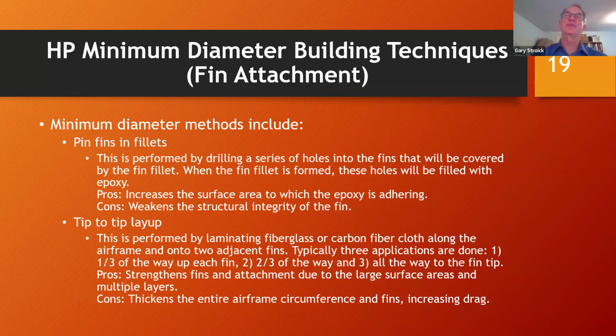Where the fins normally break, when they have a fin flutter or fin divergence issue, is right near the root chord. So you're strengthening it up there. These larger surface areas really provide a strong holding mechanism to make that attachment secure.